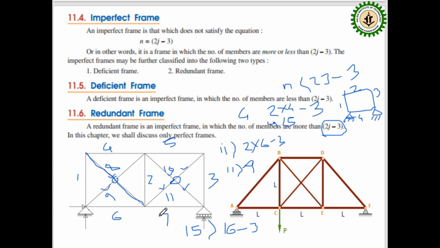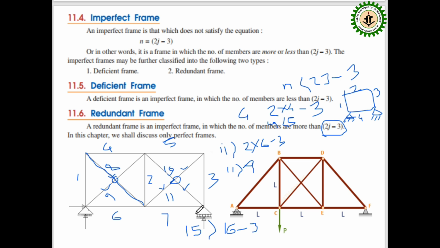Now for those who are not habituated with this type of support condition, I will discuss this. This support is considered a hinge support, and this support is considered a roller support. In a hinge support there are two reaction forces: one vertically upward and another horizontal. In a roller support only one reaction force is there, in the upward direction.